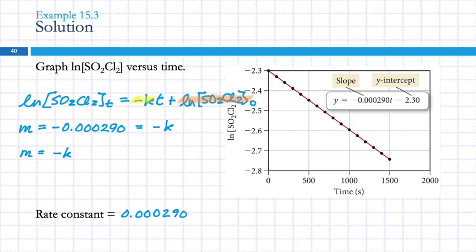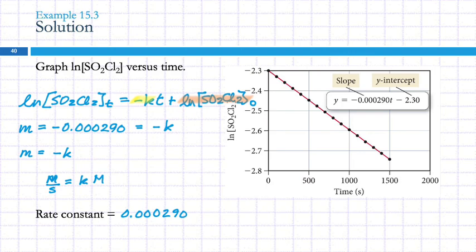Rate constants have units. So we should put a unit on this. Now, you can memorize the rate constant units. I can never remember them. And so I'm just thinking, well, the rate is molarity per second, and that's equal to the rate constant times the concentration.